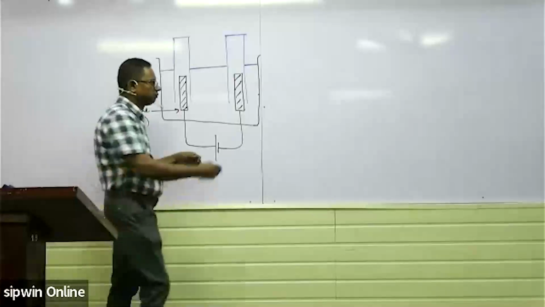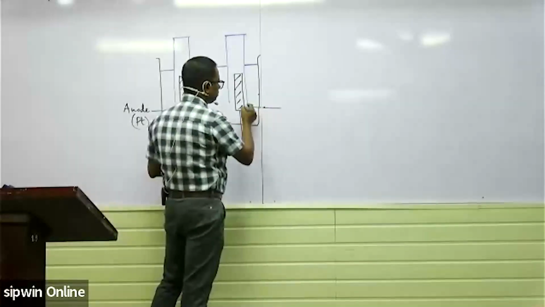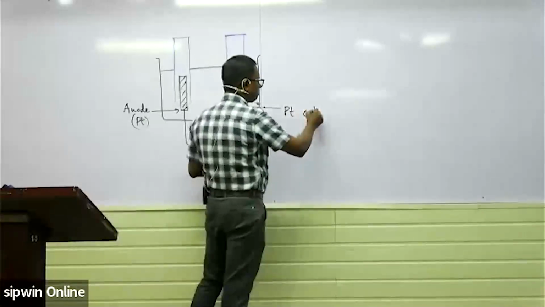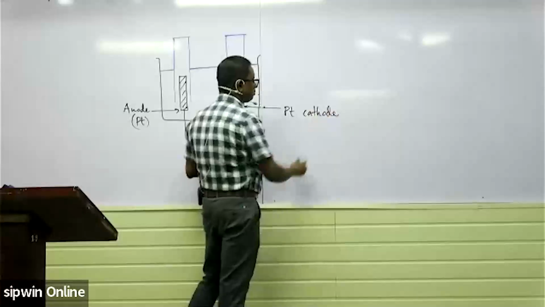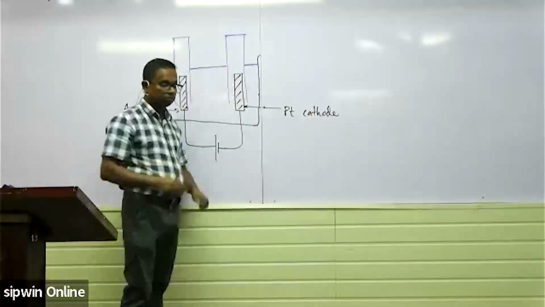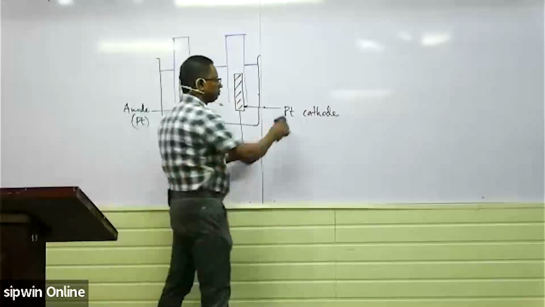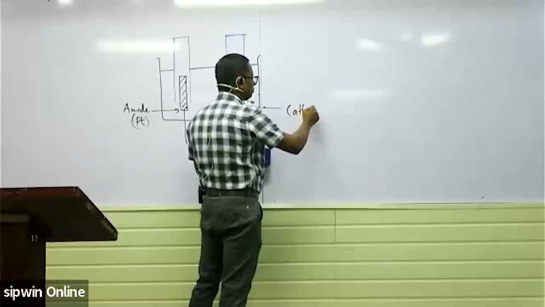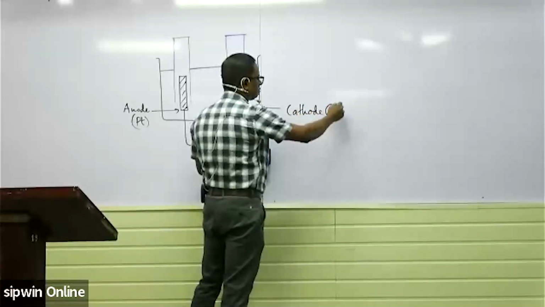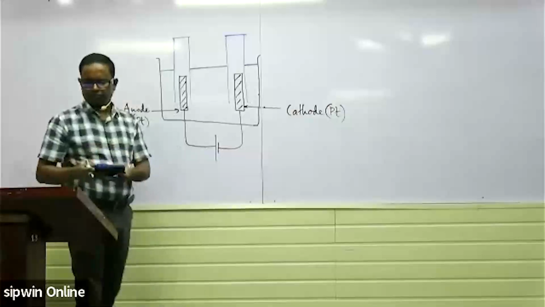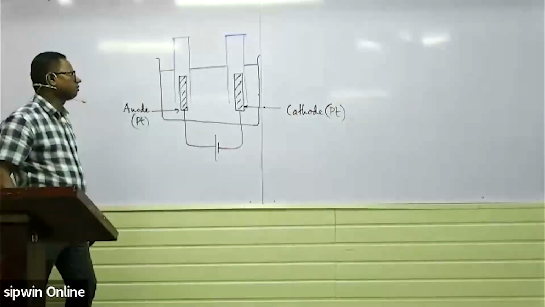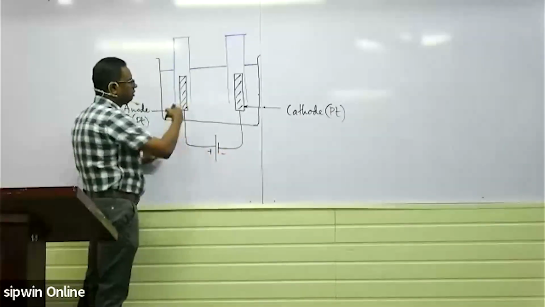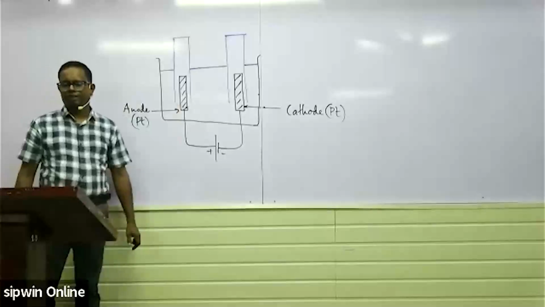Platinum cathode. Plus minus. Anode here, from that one we can have the oxygen.